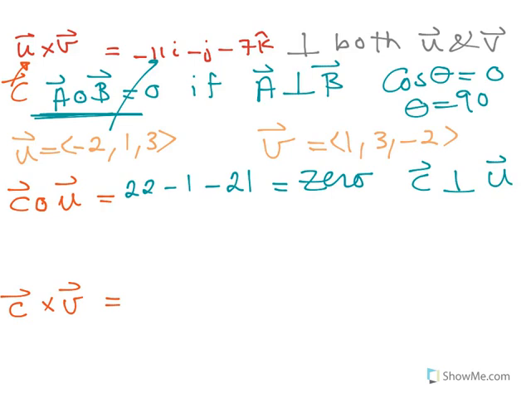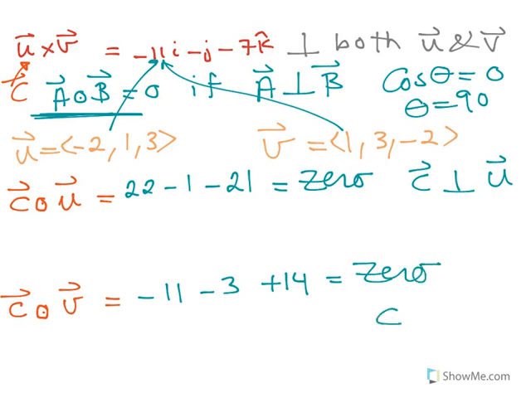That's the first statement. For the second one, I also made the same mistake, it's not cross, it's dot. Don't make that mistake. So you multiply again: 1 times minus 11 is minus 11, 3 times minus 1 is minus 3, minus 2 times minus 7 is plus 14. As you can see, minus 11 minus 3 is minus 14, plus 14 gives me 0, and I can tell that C is also perpendicular to v.